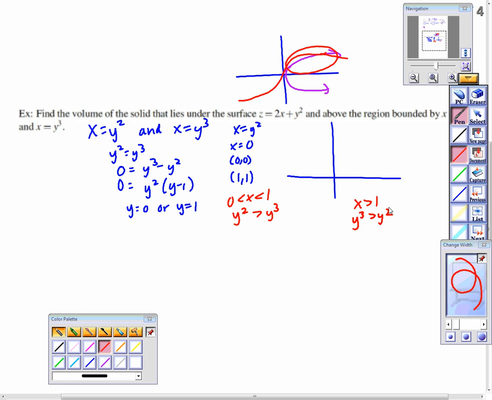So they flip-flop. Y squared is the biggest right here. I should have used different colors. So this is y squared, in this purple color, and y squared is bigger than y cubed. This is really hard to draw, so I'm going to exaggerate it right here.